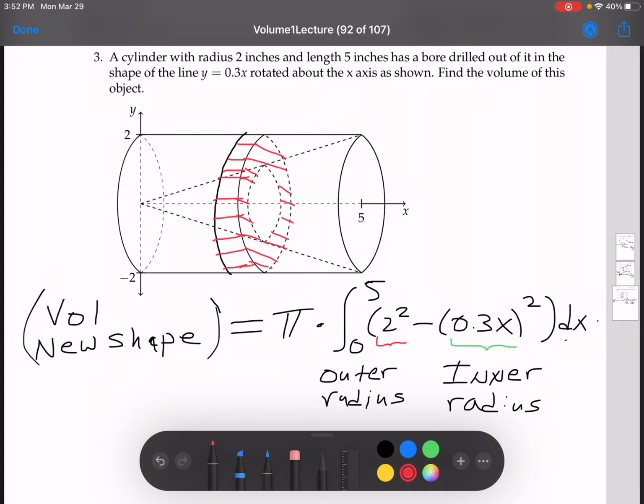And I'm sure you've done problems in other classes where you have a circle and then a little circle taken out of it. How did you get the area of the donut? You took the area of the entire circle and subtracted out the area of the little one. So you found this whole area here, right? And then you subtracted out this little area there. And that's exactly what we're doing right there. The area of the whole, take away the area of the inner piece.